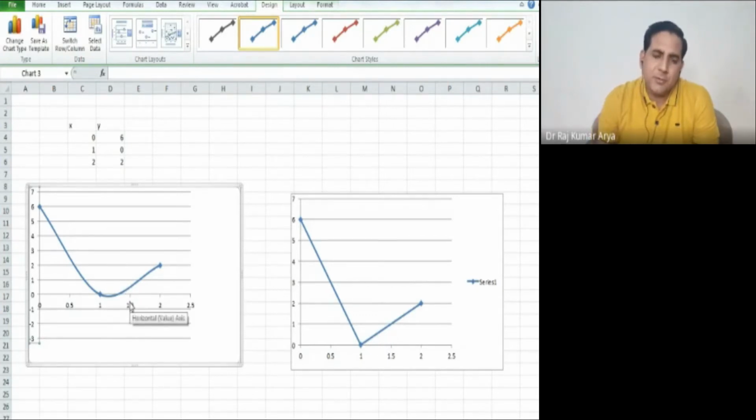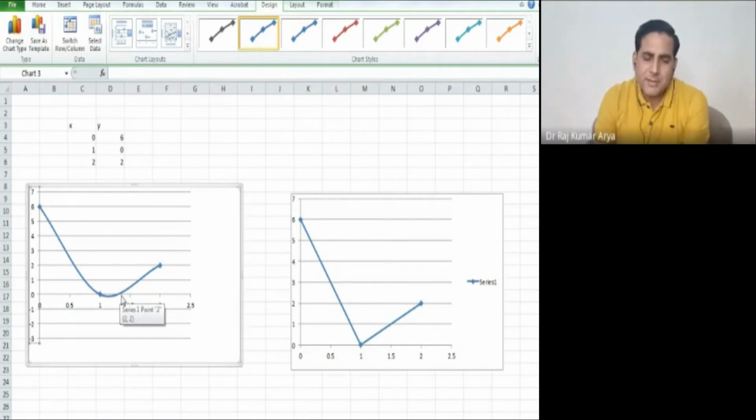So the value which is coming, 0, also does not make much sense, because x equal to 1.5 is somewhere here, right? So 0 is somewhere here, correct? Yes, sir. Correct or not?